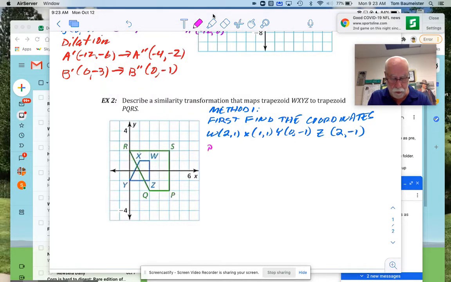Our P will be at (4, -2). Our Q is at (2, -2). Our R is at (0, 2). And our S is at (4, 2).